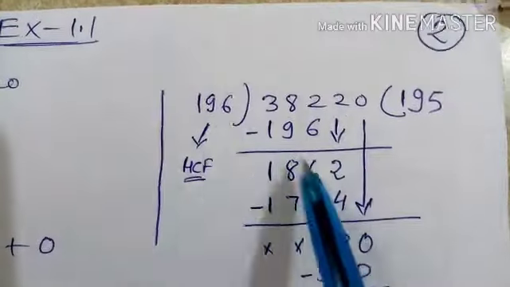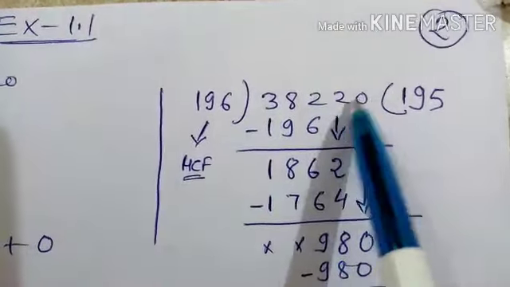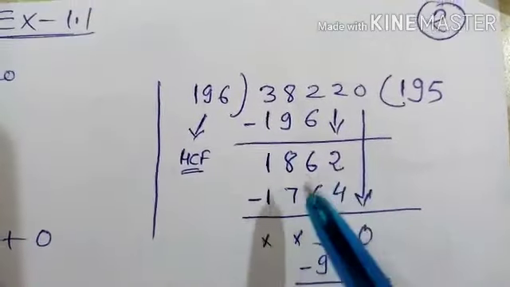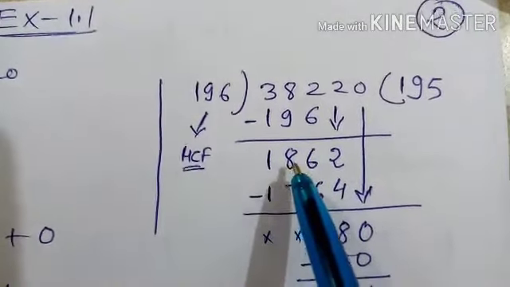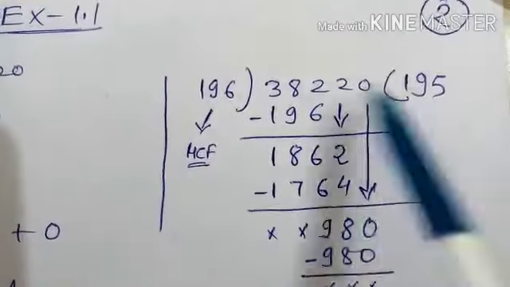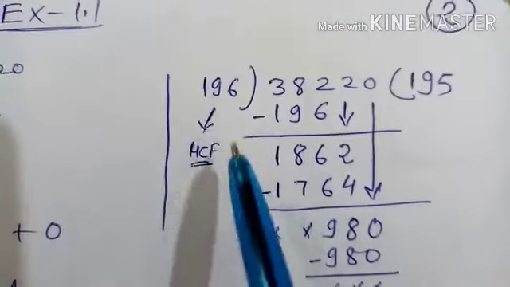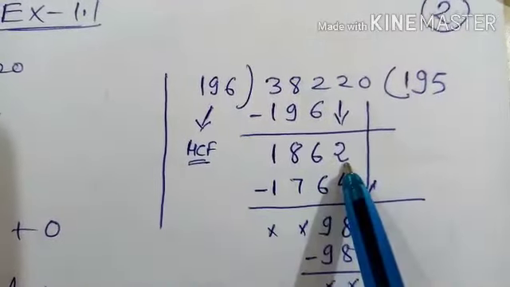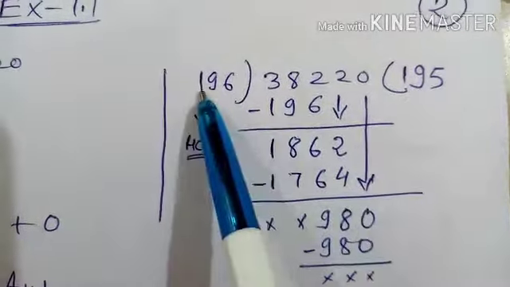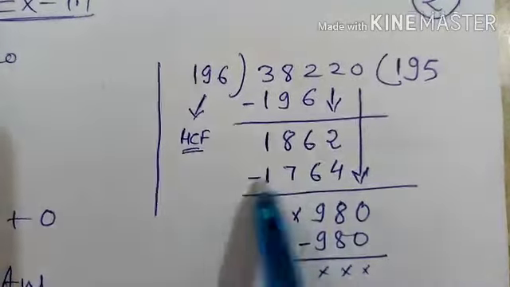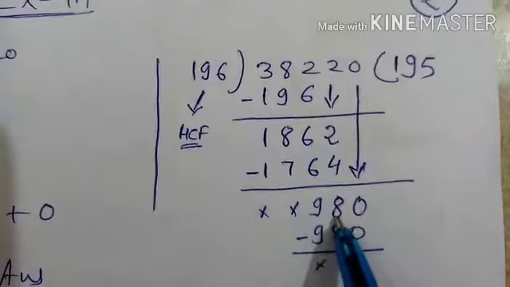Now don't transfer 196 here because 2 and 0 are remaining. So first the 2 transfers here, so it will be 1862. Now 196 into 9, if it is 10 times then 1960, which is greater than 1862, so only 9 times. 196 into 9 is 1764, and the difference is 98.